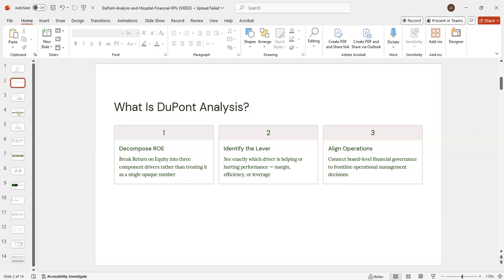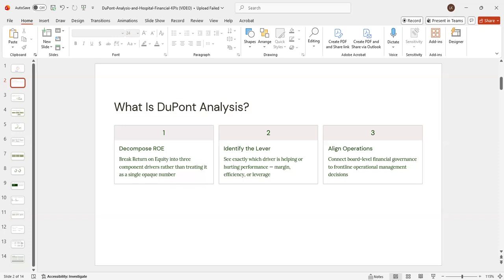What the study found, quite remarkably, was that by decomposing the ROE into margin, asset turnover, and capital structure, the three components that we talked about a few minutes ago, they were able to explain the differences in performance across a whole range of hospitals, whether it was investor-owned hospitals, not-for-profits, teaching hospitals, critical access facilities, or system-affiliated hospitals.